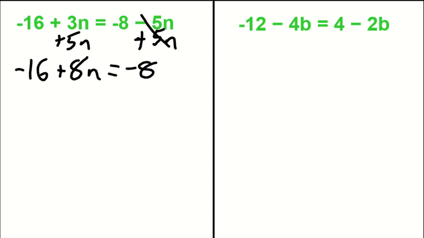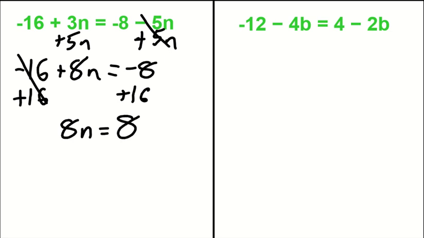So we solve by doing opposite. We add 16. So those cancel. Do it to both sides. 8n equals, signs are different. You subtract. Use the sign of the bigger number. That's 8. Then you divide. 8 divided by 8 gives us n equals 1.